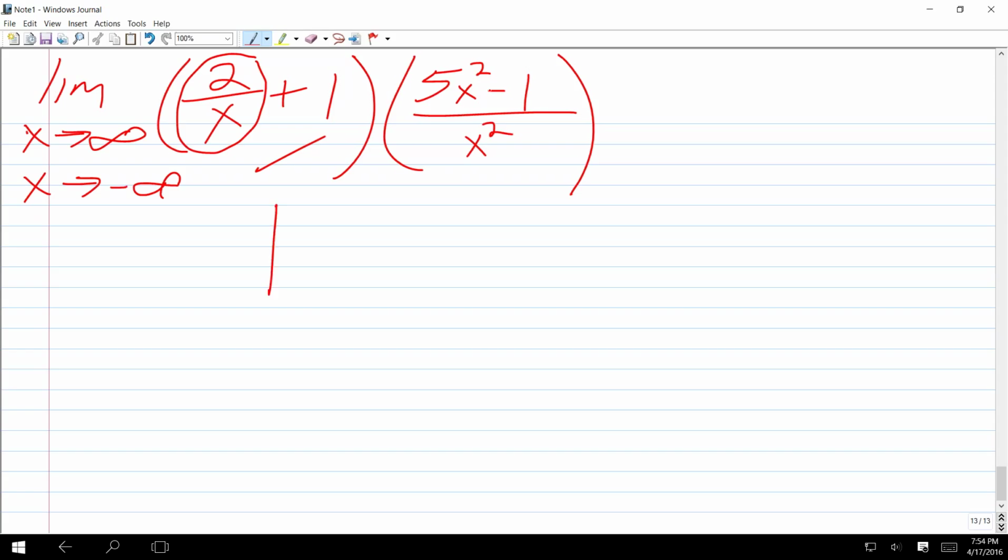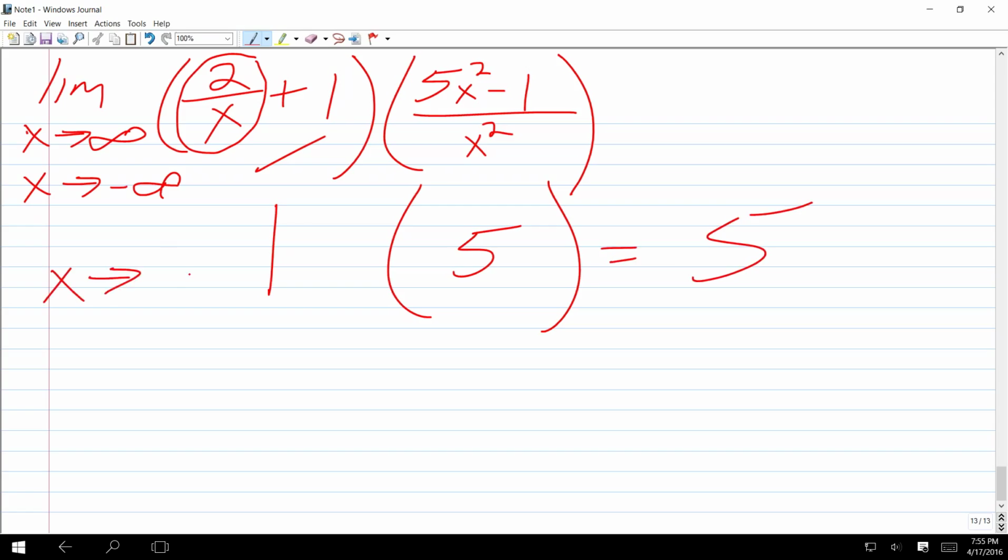And as this part in the parentheses approaches infinity, what does the limit approach? Well, the powers of x are the same top and bottom, so whatever the ratio is of the coefficients, in this case 5 over 1. So that limit is 5 as x approaches positive infinity.